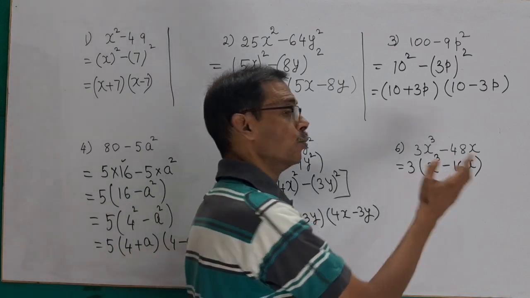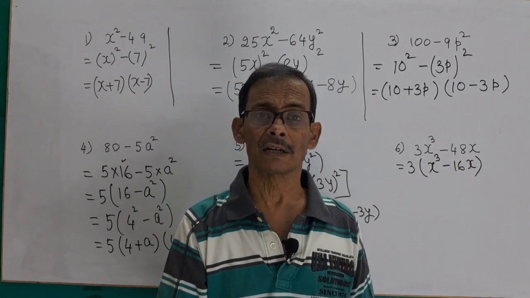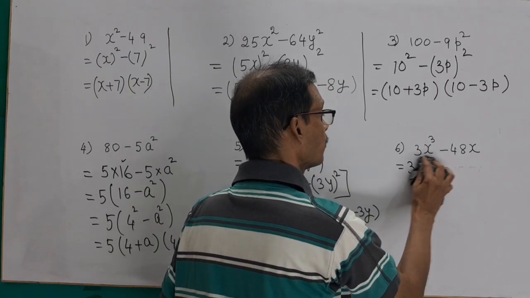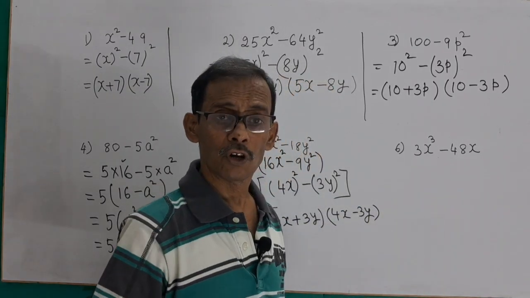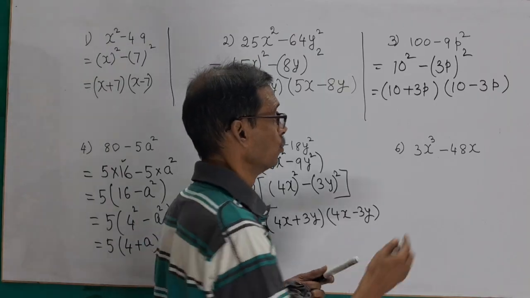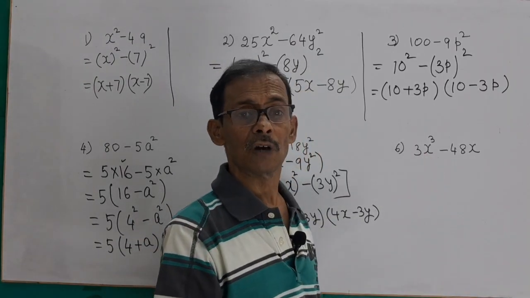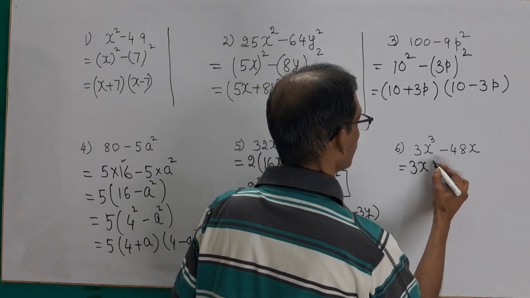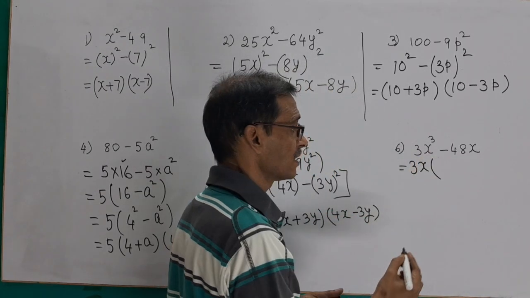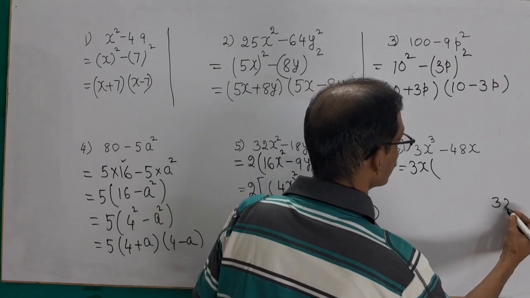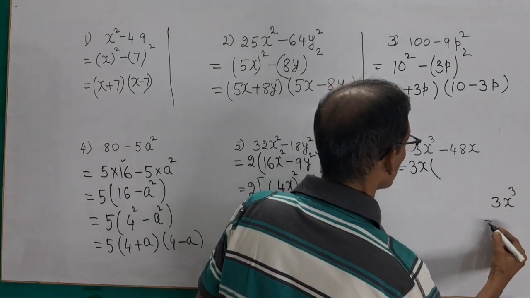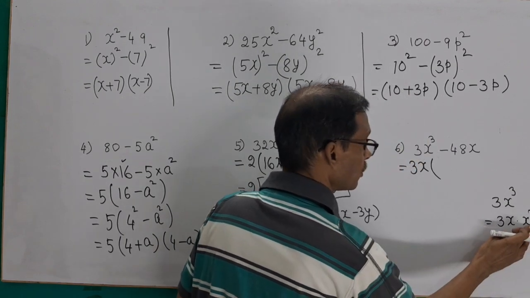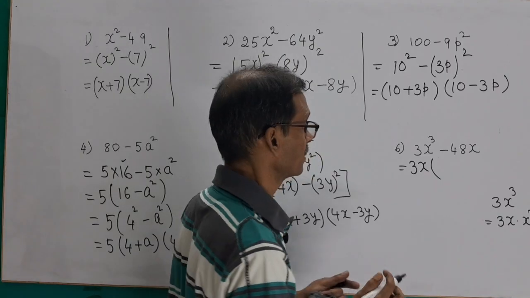Now, x cube you cannot write as a square. So what do you have to do? This was wrong. Why was it wrong? I tried to explain: x cube is not a square form. So if you take 3x as a common, 3x cube equals 3x into x square, because x square into x becomes x cube.